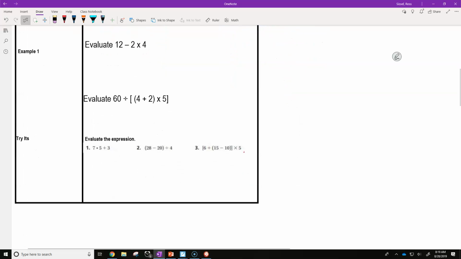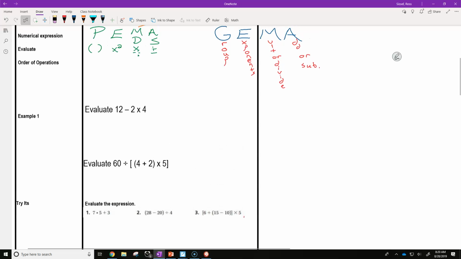Alright, we're going to do example one. This really should not take us too long. I am going to model how you should do it on your homework though today, okay? So, I promise you, if you use my way, it really, really helps you stay organized. Yes, ma'am. Oh, you want to write that part down? Yeah. Alright, so I'm going to look at the very first one. It says, evaluate.